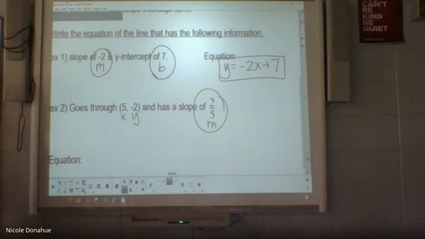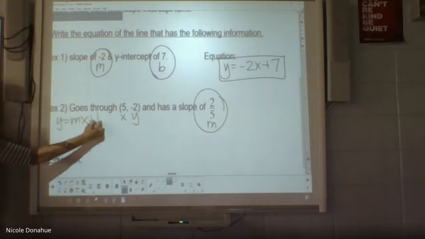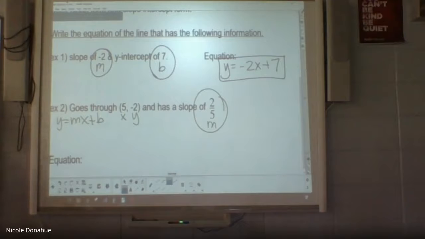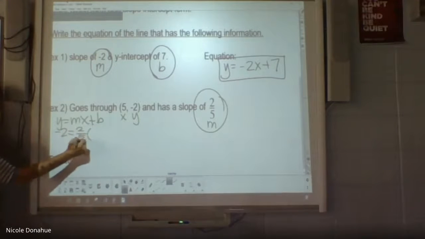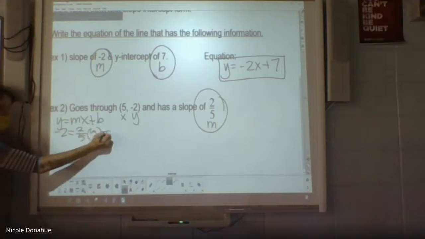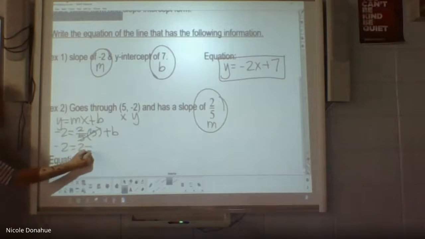Yes, like Ethan just said, x and y are given to us there already. And we have this formula where we can put m, x, and y all in, and that'll allow us to find our b. So y is -2, m is 2/5, x is 5, plus our b. The 5s can cancel there. So I get -2 equals 2 plus b.